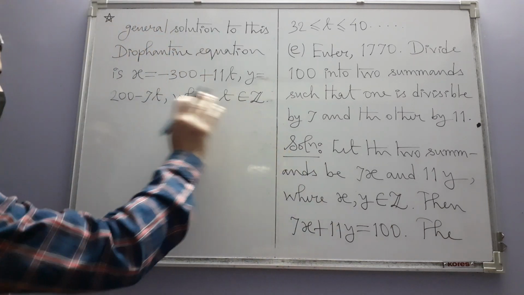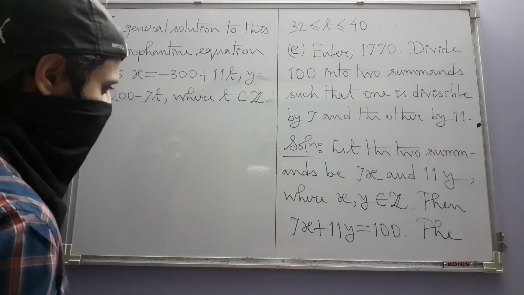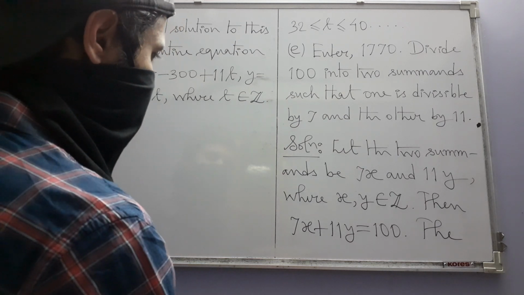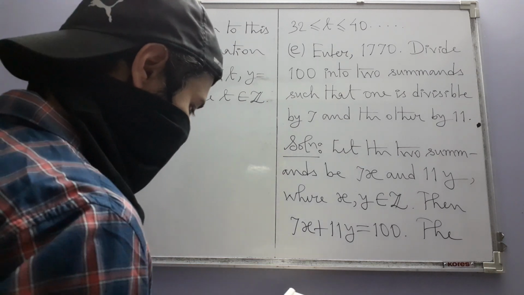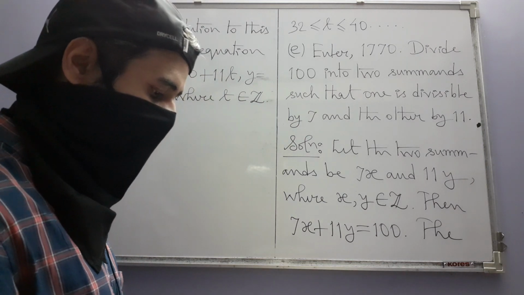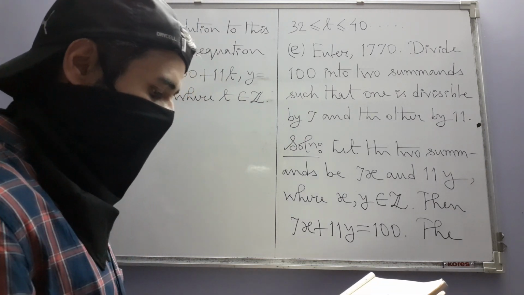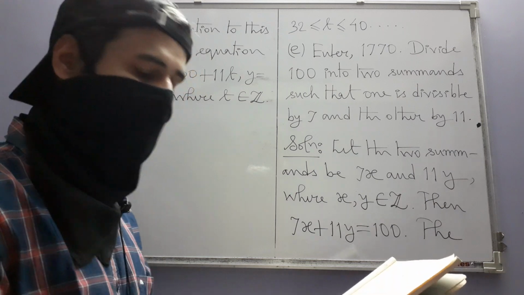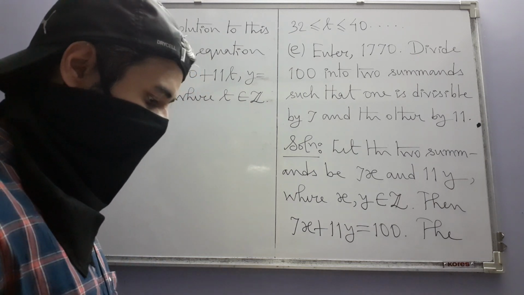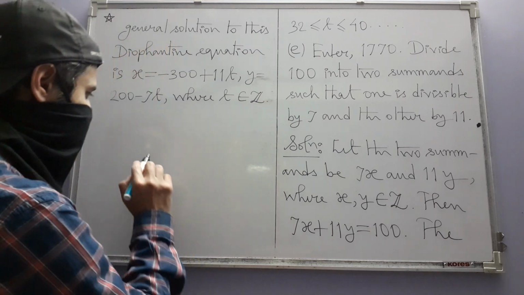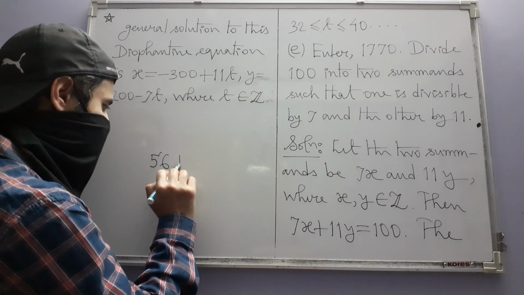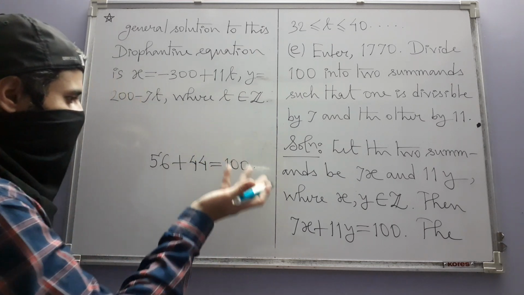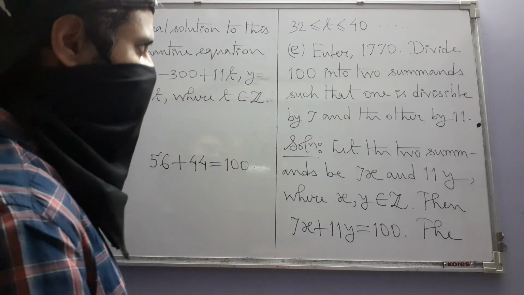Okay, so this itself is the solution. So there will be infinitely many such integers. Here, however, without thinking much about what the situation is, I have gone for non-negativity, in fact positivity, and I found only one value of t, which is 28, which gives us summands 56 and 44. But we can see that there will be infinitely many.